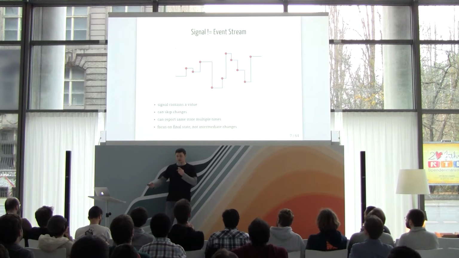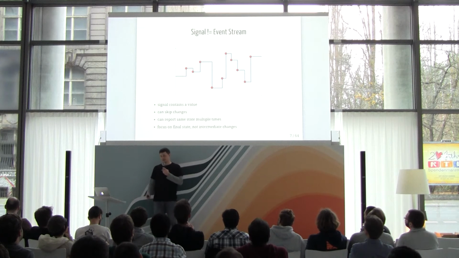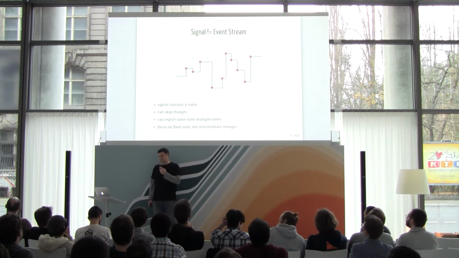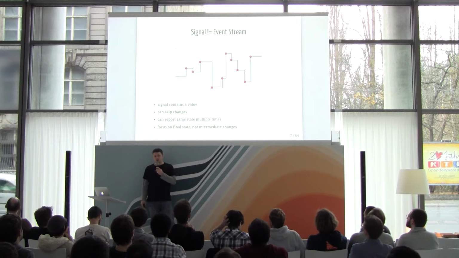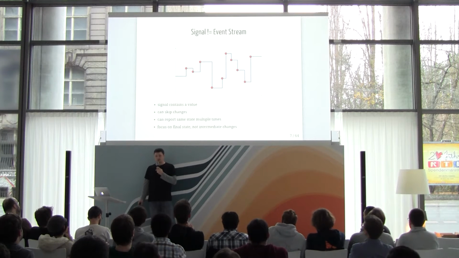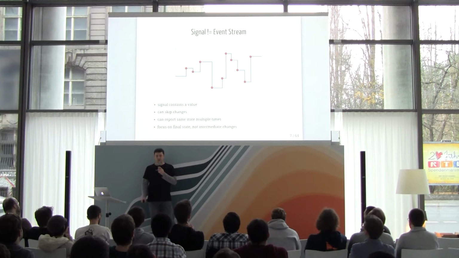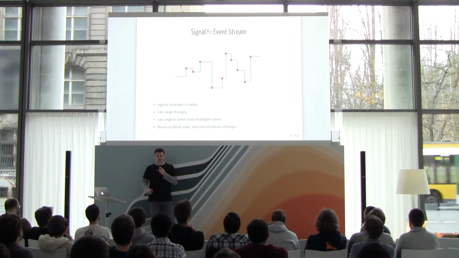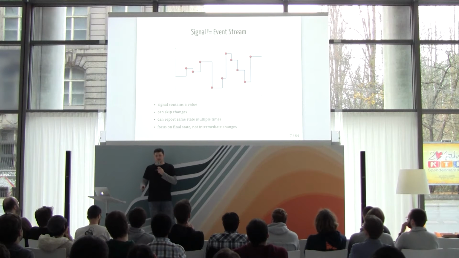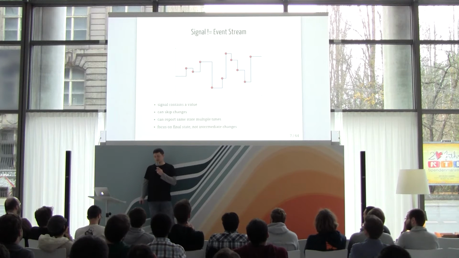It may seem like the same thing, but it's not, because there are some specific properties in signals which make it different and useful for other things. The main thing is that in a signal we actually care about the current state in the whole graph of dependencies. We don't really care about individual changes of values in signals. We care what the current state is, and that the state propagates.